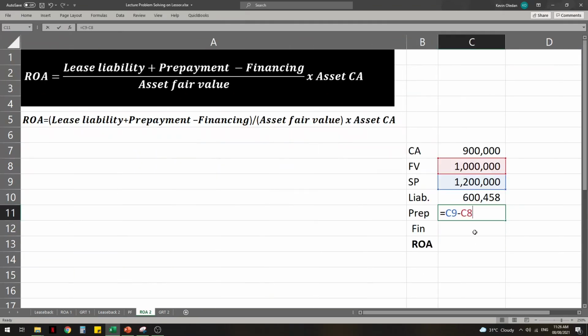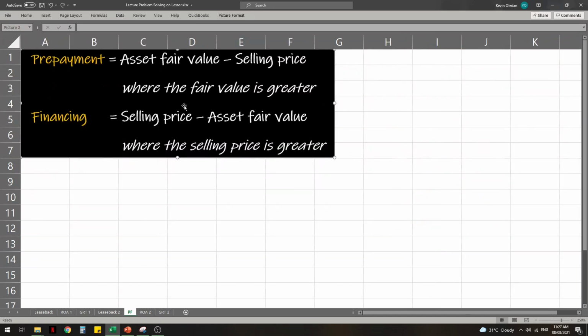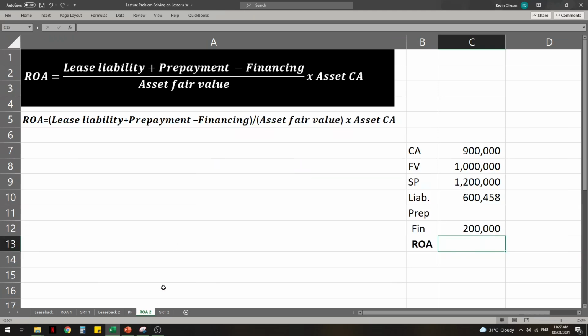Now, when there is financing, what do you do with that? This one is actually deducted from our lease liability in order to arrive at our ROA. Okay? Ulit, selling price greater than fair value. Then go ahead. That is a financing. Your computation of the ROA will be altered, but the alteration will only be on the numerator as follows. The liability will have to be reduced by the amount of financing. Ito yung numerator natin.